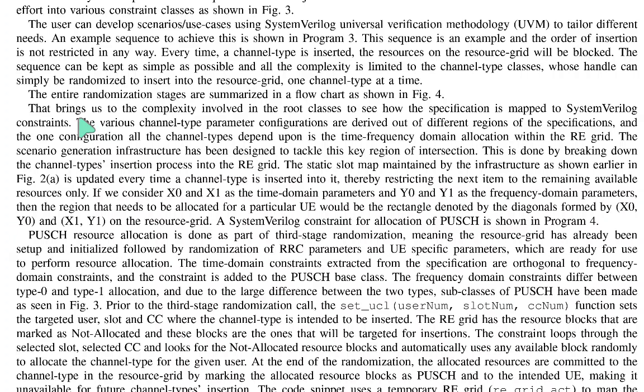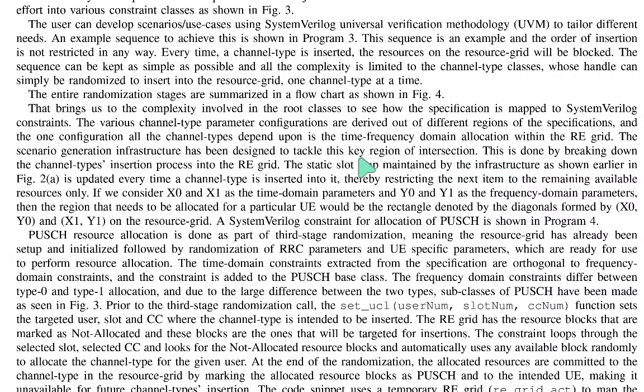That brings us to the complexity involved in the root classes, to see how the specification is mapped to a SystemVerilog constraint. The various channel type parameter configurations are derived out of different regions of the specification and into one configuration of the channel type, depending upon its time-frequency domain allocation within the RE grid. The scenario generation infrastructure has been designed to tackle this key region of intersection.